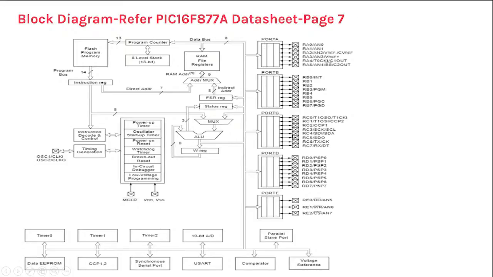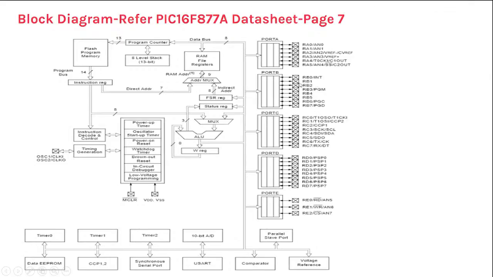So you have 5 ports. Port A is only 6 pins, A0 to A5. These 6 pins are multiplexed. They could be used for the ADC inputs, ADC channel selection also, and T0 clock is for timer clock, and capture pins.